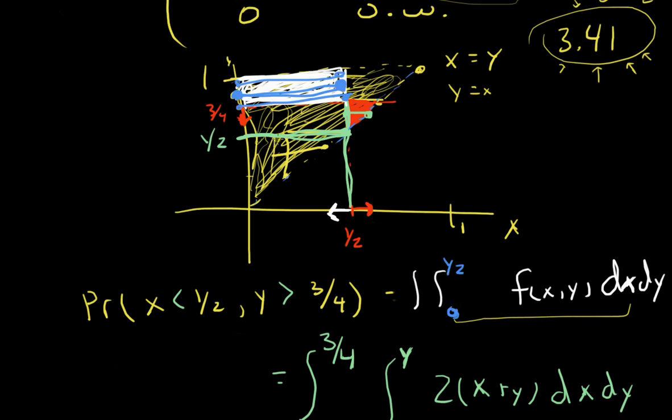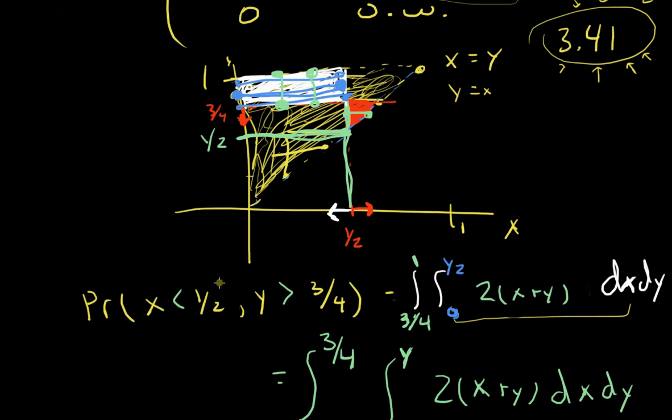Okay? Then where does y travel? Y travels from 3/4 to 1. And then you integrate the joint probability distribution function. So I'll go ahead and write that here. So 2x plus y. Okay?